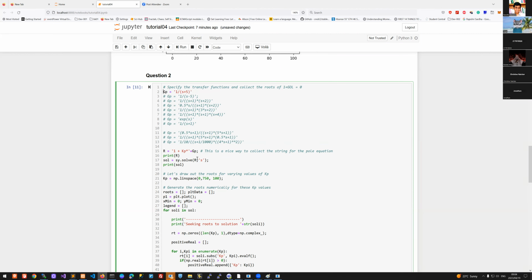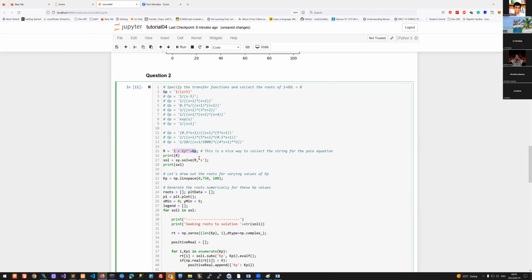And then you can see the equation here is the thing we want to get the zeros for. So we create this string. We say 1 plus KP times the process, right? So we know for a proportional controller, that's going to be the denominator. So we want to know what are the zeros of this equation.